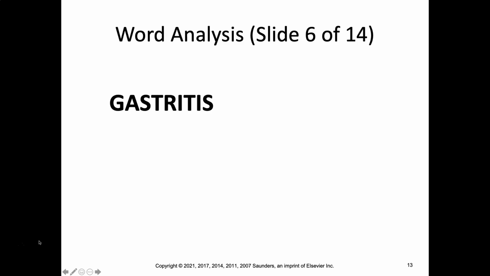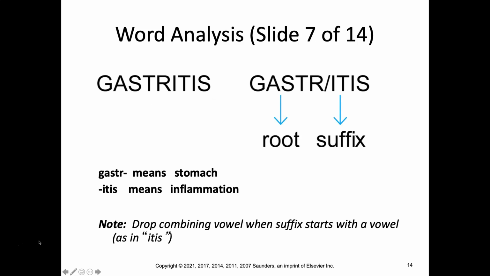So let's try another one. Gastritis. Gastr is the root, itis is the suffix. Itis means inflammation. So if you read back to front, it is inflammation of the stomach. And again, here's an example where you don't need a combining vowel because the suffix itself starts with a vowel.